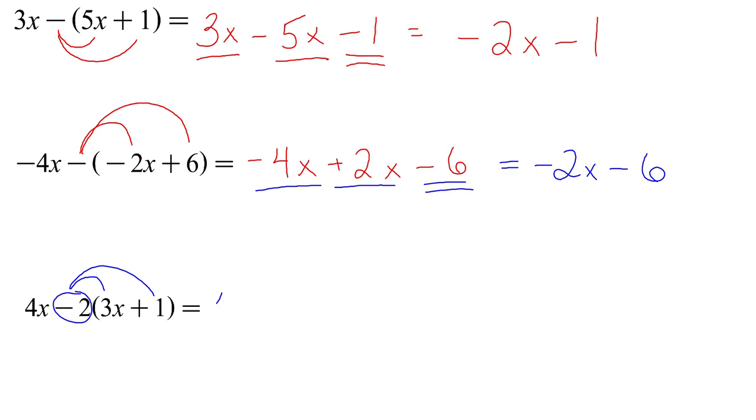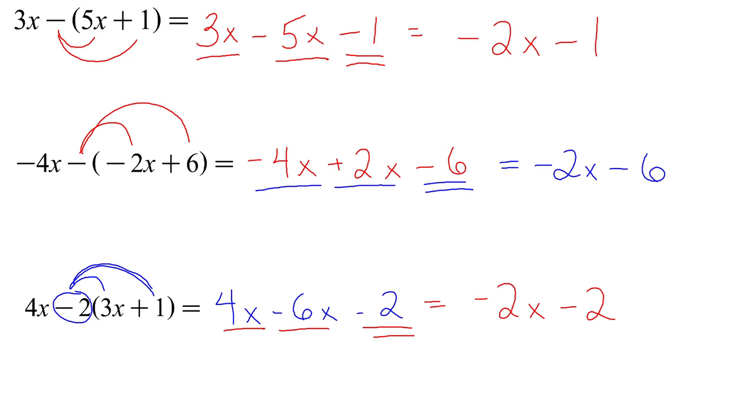So we start with the 4x, then negative 2 times 3x is negative 6x, and negative 2 times 1 is negative 2. So our like terms here are 4x and minus 6x, with a minus 2 that's kind of on its own. 4x minus 6x is negative 2x, and then the minus 2 will stay.